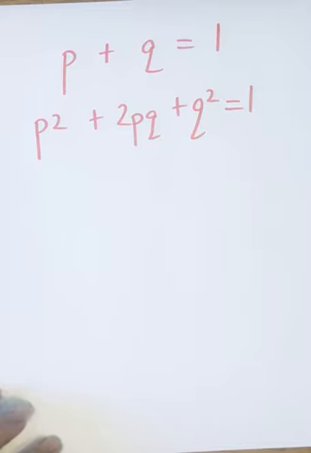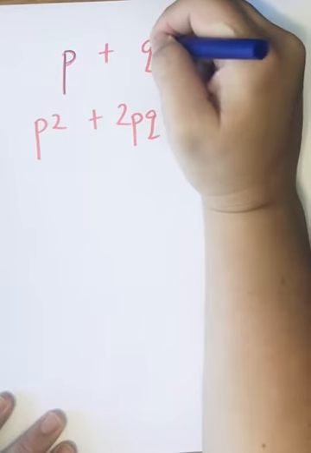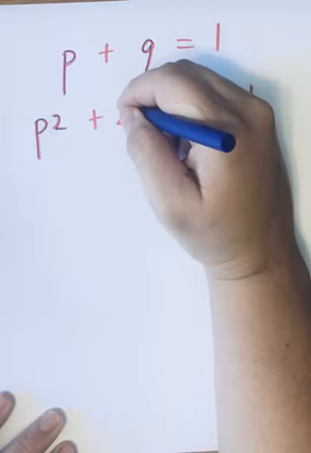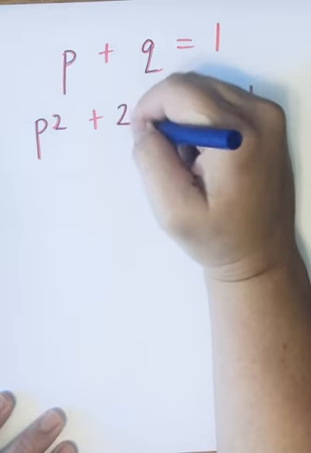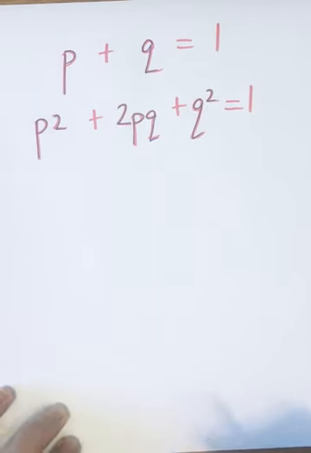You need to understand what all of your P's and Q's mean. So, P, Q, P squared, 2PQ, and Q squared. So we're doing allele frequencies and genotypic frequencies.